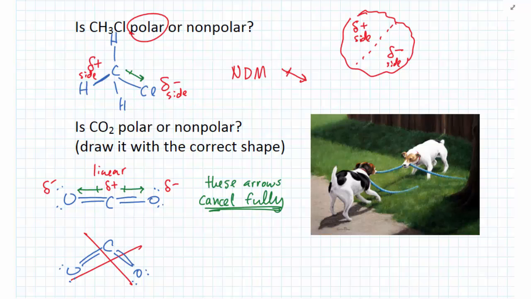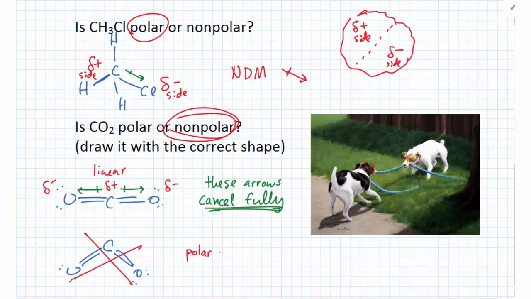Is there a way I could divide this to get all the pluses on one side and the minuses on the other side? Not really. Okay? It's pulling equally out. And just looking at this molecule overall, there's not a way for there to be minus on one half and plus on the other half. Okay? So what does that make CO2? Makes CO2 non-polar.